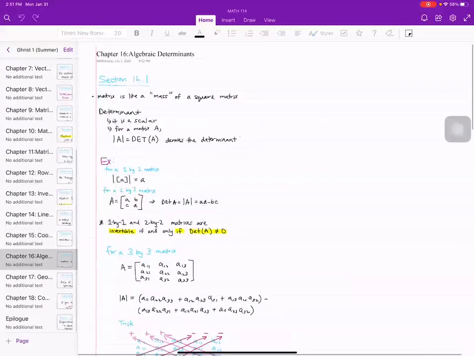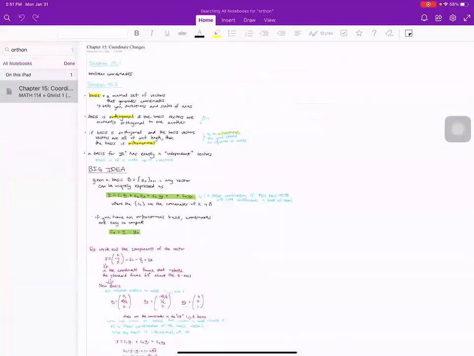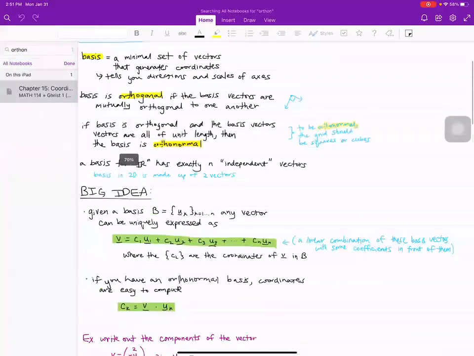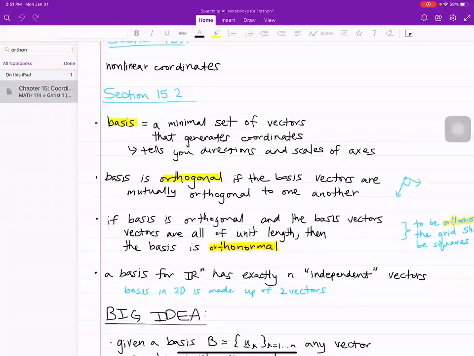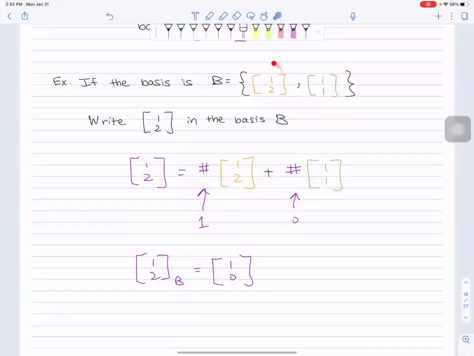Let me search orthonormal. Yeah, it should be. If the basis is orthogonal and the basis vectors are all of unit length, then the basis is orthonormal. So in our example, the basis is not orthonormal because this length isn't 1, and this length also isn't 1.